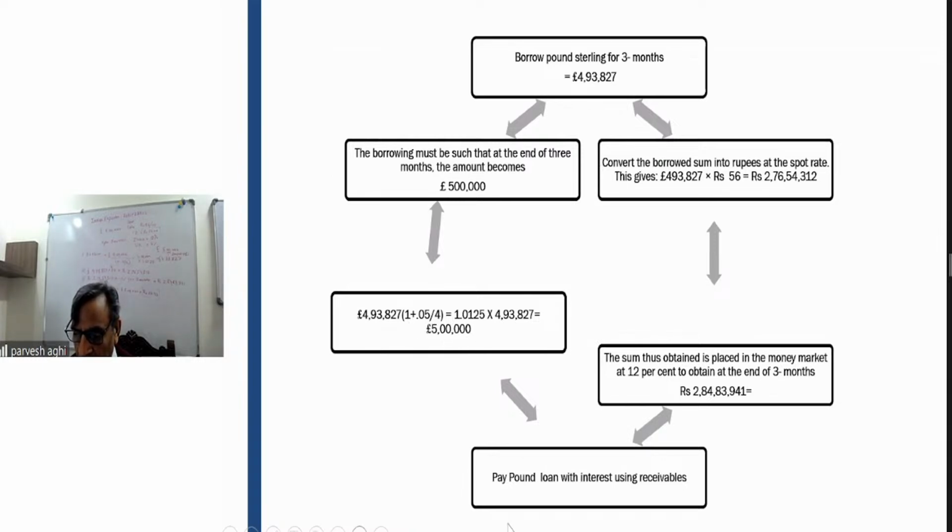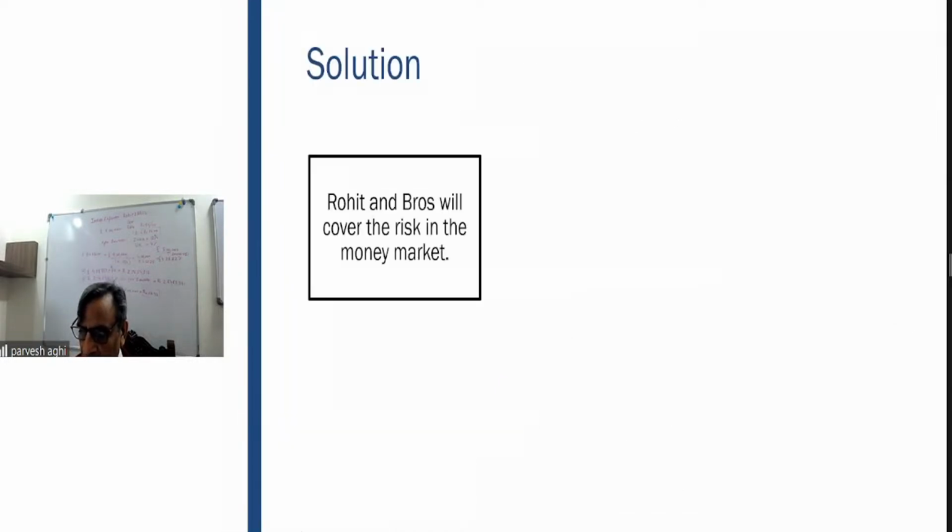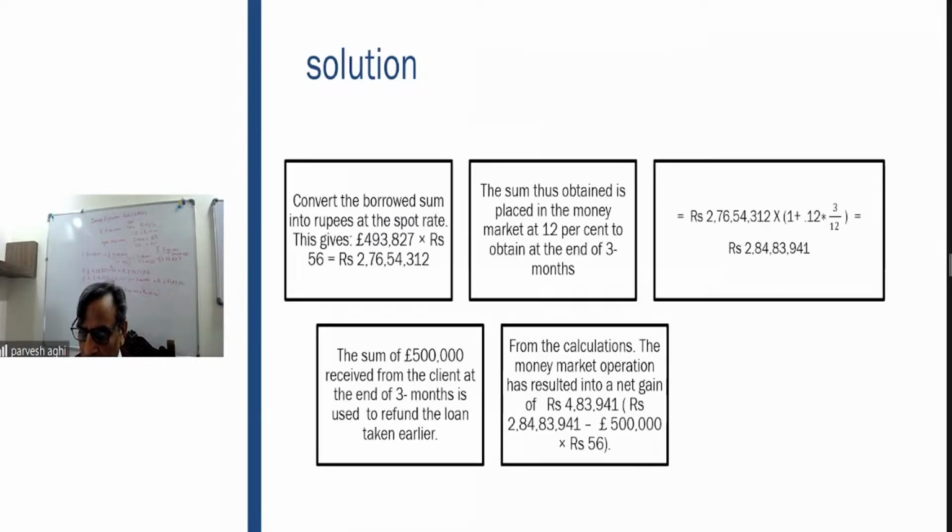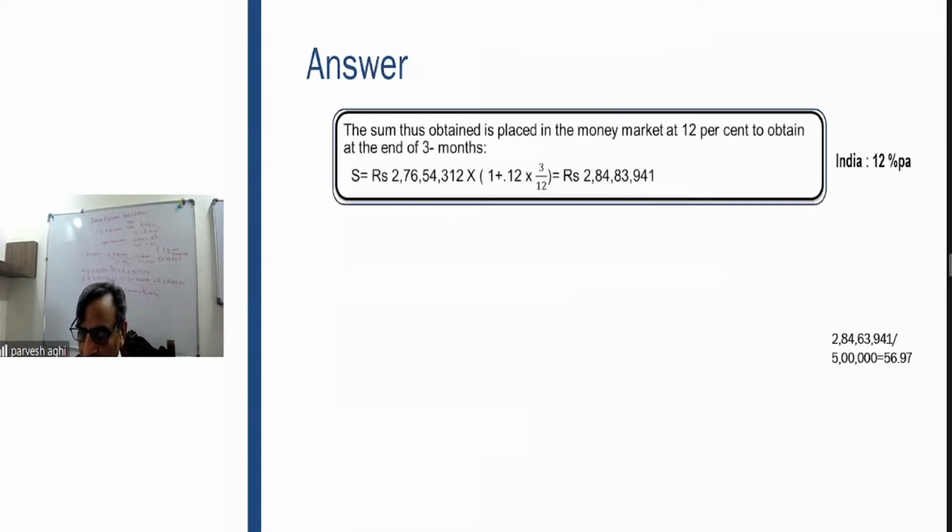You can pay the loan with interest using receivables. The second step is to convert the borrowed money in India at the spot rate of 56. Then you invest this money, it becomes 2 crore 84 lakhs, which gives you a rate of 56.97. So this was the question. Let's move on to the next question.